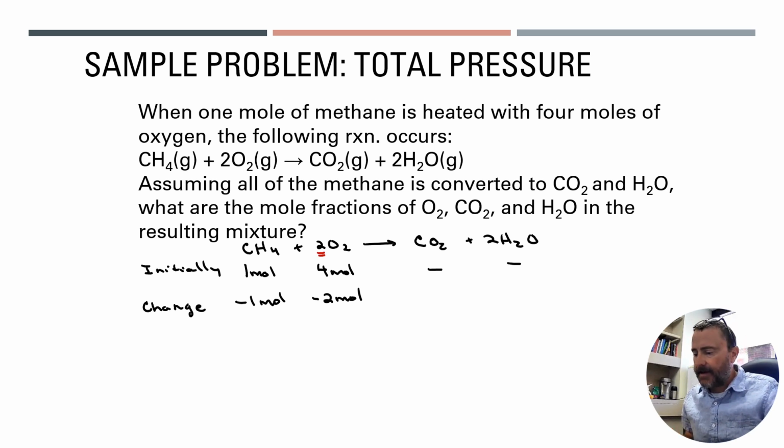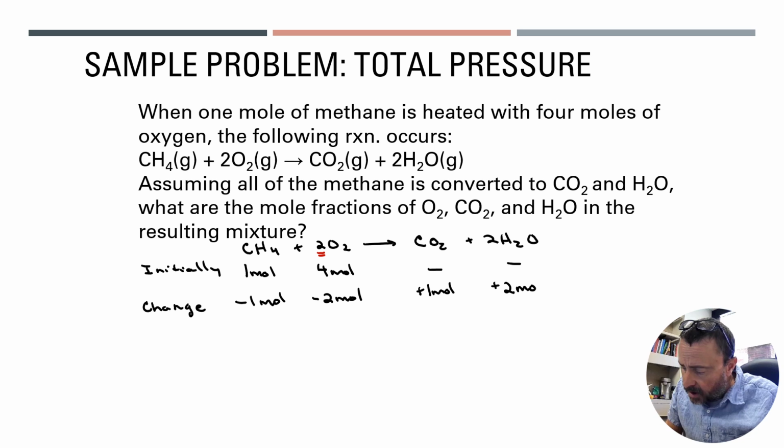That's where I'm getting that 2 from. And then on the other side of the arrow, since those are going down, the other side is going to be going up. So if the methane goes down by 1, the carbon dioxide has to go up by 1, because they're 1 to 1. And if the methane goes down by 1, then the water is going to go up by 1.